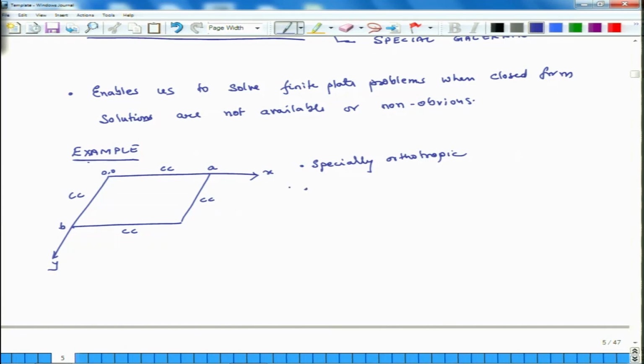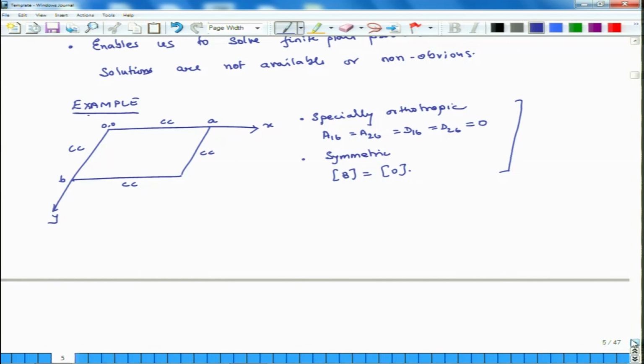So if it is especially orthotropic, then what does that mean? That A16 is equal to A26 is equal to D16 is equal to D26 is equal to 0. And we also say that the lamination sequence is symmetric, and because the lamination sequence is symmetric, the B matrix is 0. So, I will make a small correction here. We will say that the plate is 2a long and 2b wide, not a and b. Its dimensions are 2a and 2b.